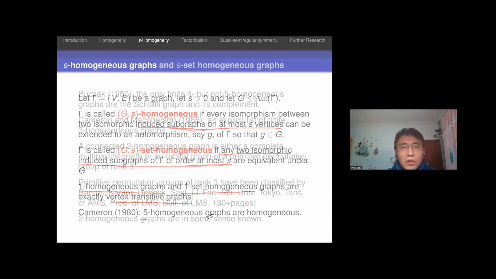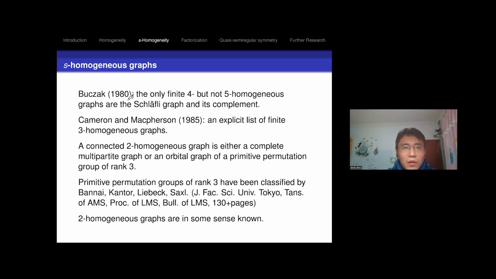And for s is 4, we have this. The only finite 4-homogeneous but not 5-homogeneous graphs are the Schläfli graph and its complement. So every 4-homogeneous graph is the Schläfli graph or its complement, or homogeneous.